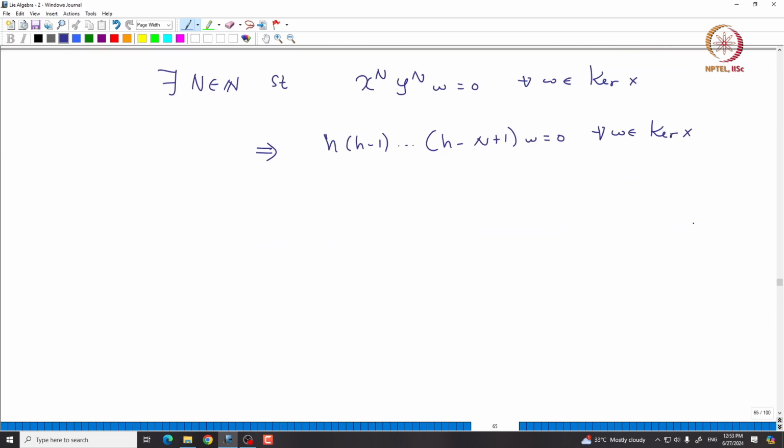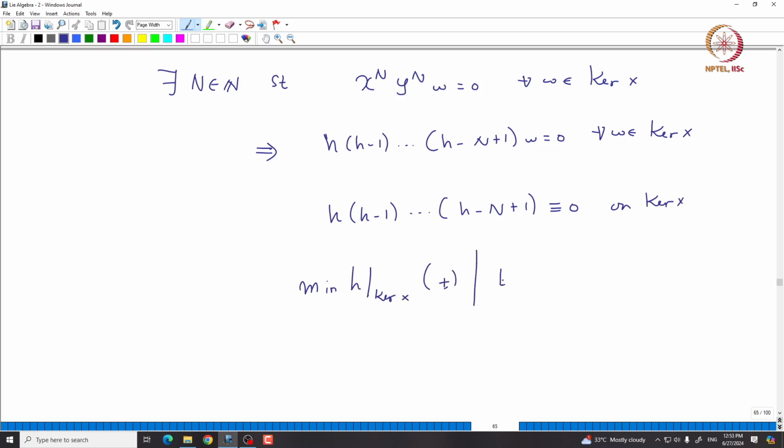So, that means this operator h satisfies the polynomial h into h minus 1 etc., h minus n plus 1. So, this is identically 0 on kernel x. So, that means the minimal polynomial of h restricted to kernel x, say in the variable t, is going to divide t into t minus 1 etc., t minus n plus 1.